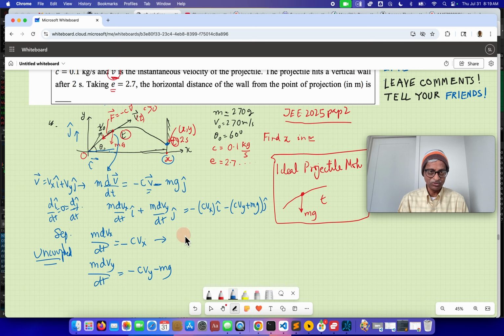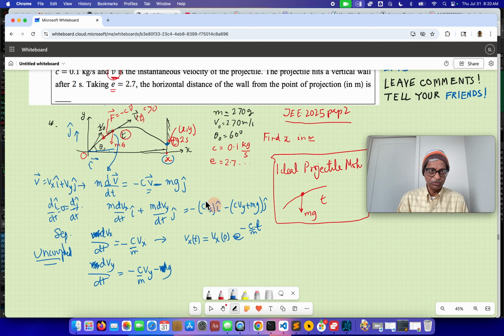I'm just going to write the answer: vx at time t equals vx at time 0 times e to the power minus c over m t. So take m from here and cancel this out. We're going to deal with the other equation the same way later, but you don't need it for solving this problem. So this is the answer.